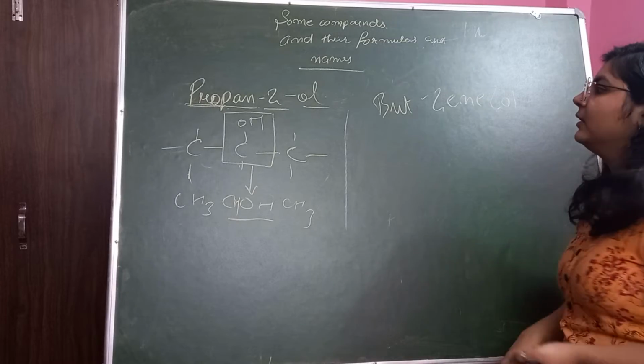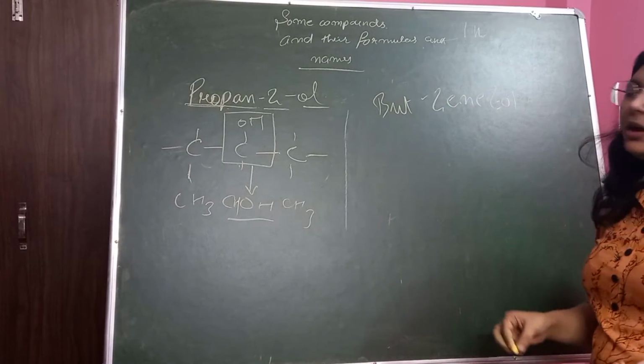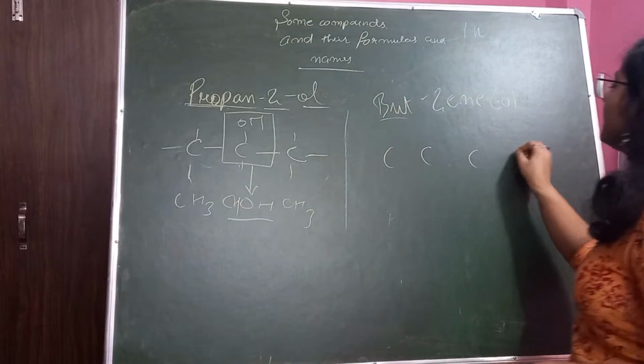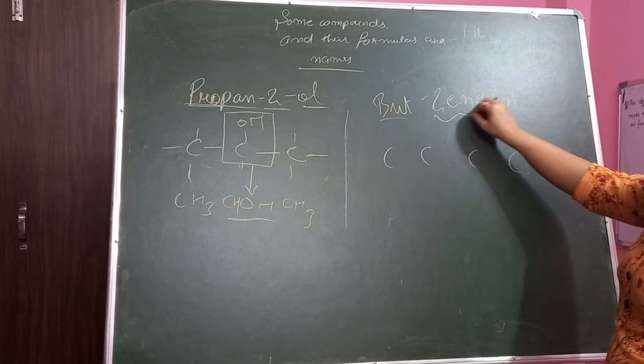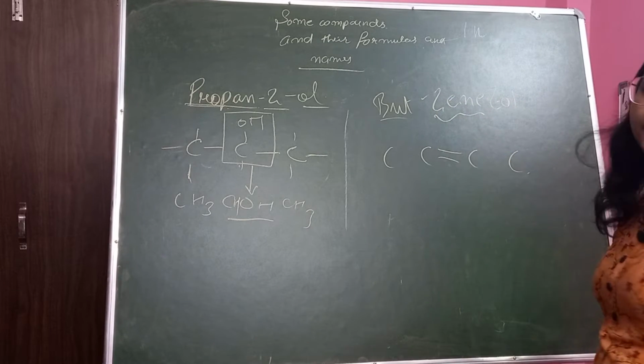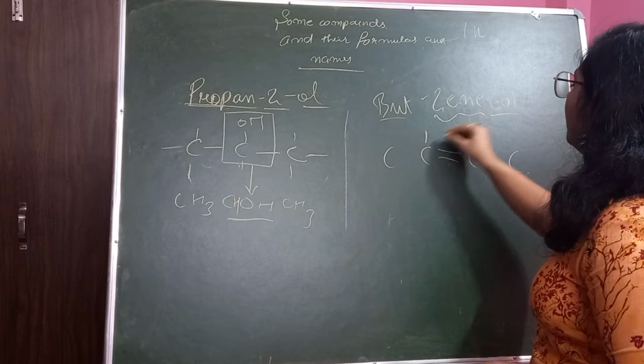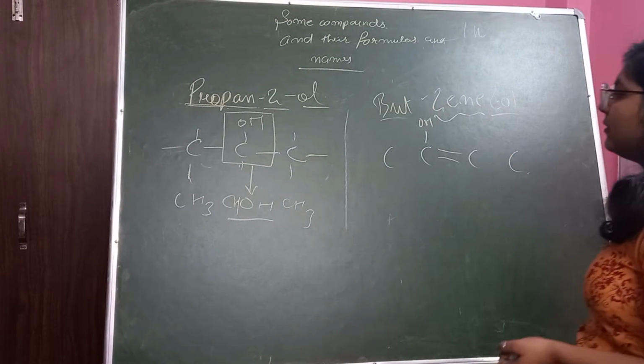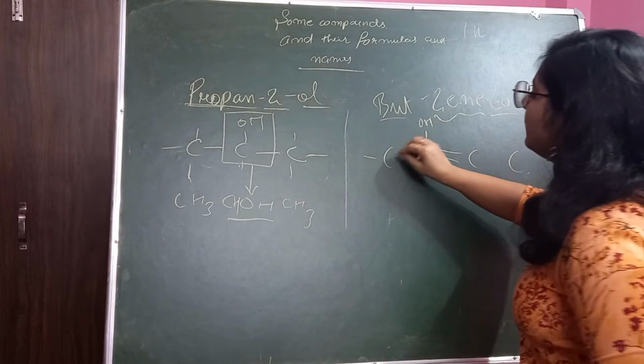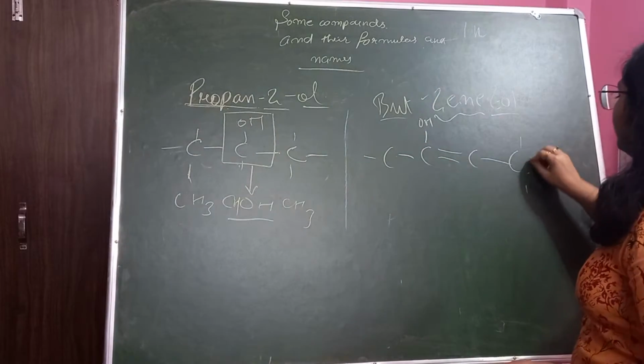But-2-ene-2-ol. What to do now? But means 4 carbons. What do we put at the second position? Ene, a double bond. At the second position, what else do we put? Ol, meaning OH. So now put it. Now complete the rest of the places with hydrogen.